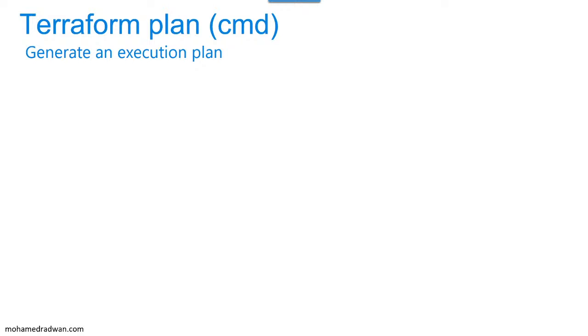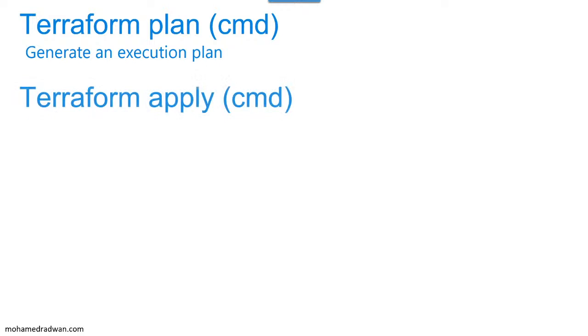But if you remember, there was a warning that I didn't use the out switch with my execution plan. This means that the execution plan will only be displayed in the output or command line, but it will not be saved as a file. This is really very important. I will explain it in the next demo.